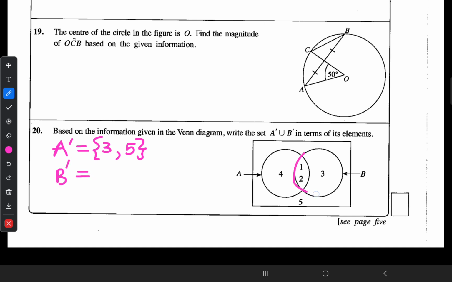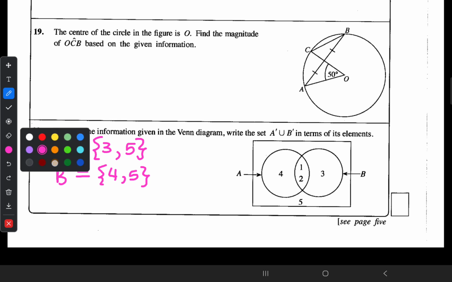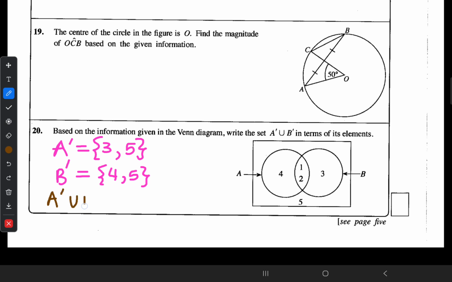Outside of B we have 4 and 5. The question is to find A complement union B complement. That means all the elements belonging to A complement plus all the elements belonging to B complement, both together in ascending order: 3, 4 and 5. This is the answer.